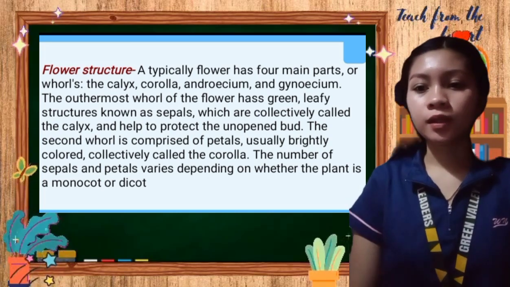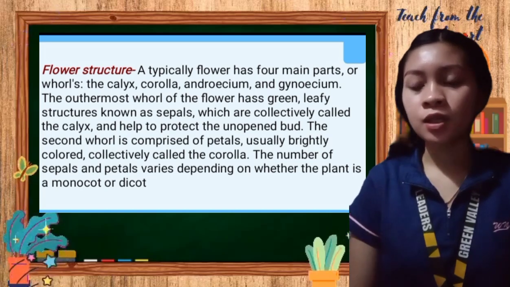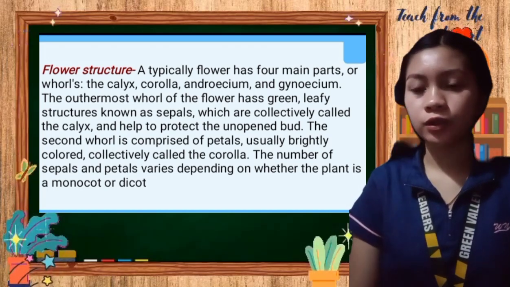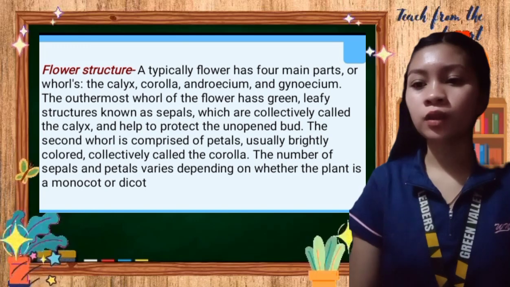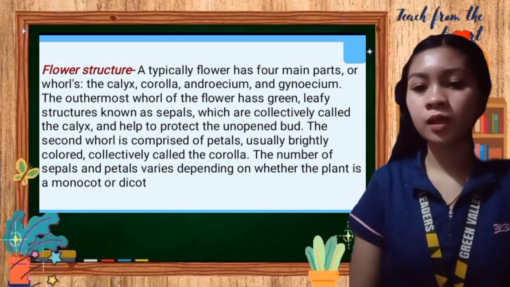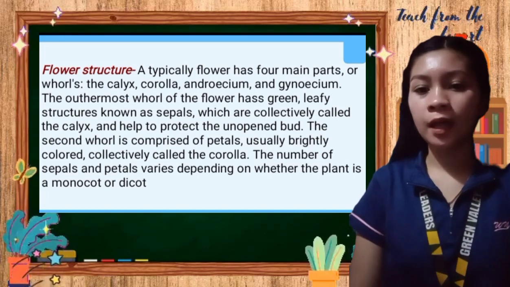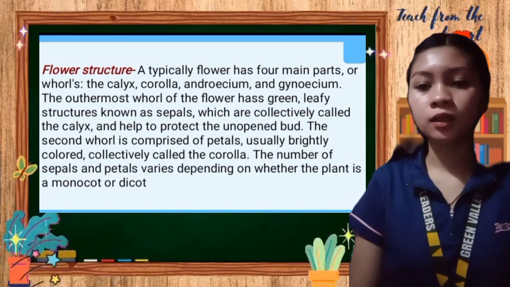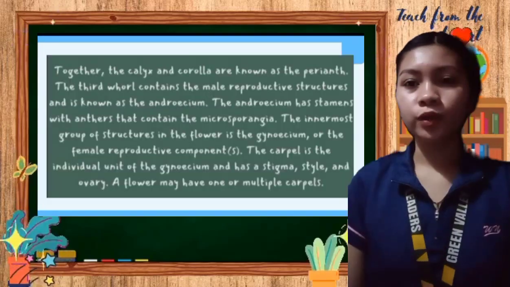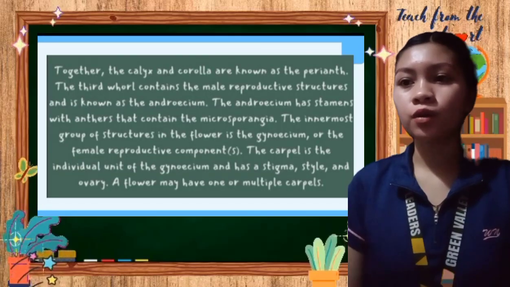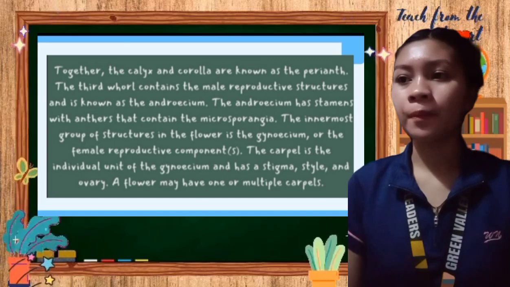The second whorl is comprised of petals, usually brightly colored, collectively called the corolla. The number of sepals and petals varies depending on whether the plant is monocot or dicot. Together, the calyx and corolla are known as the perianth.